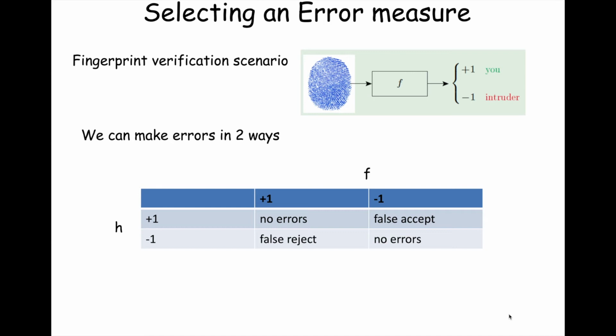Now, typically, for a binary classification, we would have zeros along the diagonal, but for the errors, and because remember, you want to minimize in-sample error, we would count the false reject as 1, and the false accept as 1. And of course, the goal is to minimize in-sample error. So you want to minimize both the false accepts and the false rejects, and when it's correct, that doesn't count towards in-sample error because it's 0 in both of those cases.